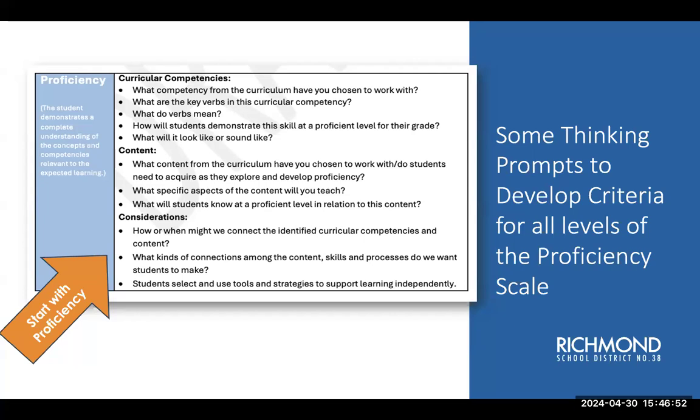And so once you have an understanding of what the expectations are for students at a proficient level at this particular grade, you can start to write your proficiency indicators. In math, I find it most helpful to include both the competencies and the content in proficiency descriptors.